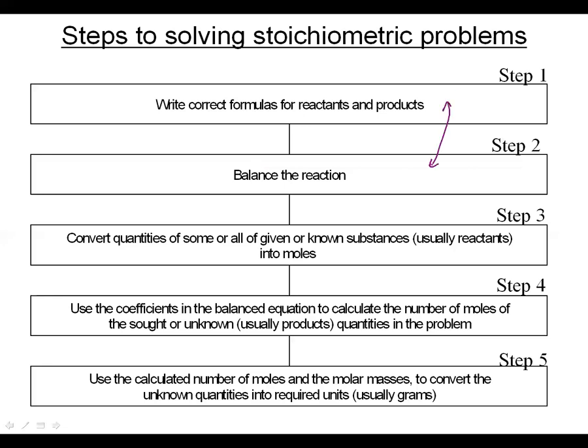So if you happen to be given everything in words, you want to make sure that you first write down all the correct formulas. As we talked about when we were balancing equations, if you don't have the right actual chemical formulas, you will a lot of times have real difficulty in balancing that equation.